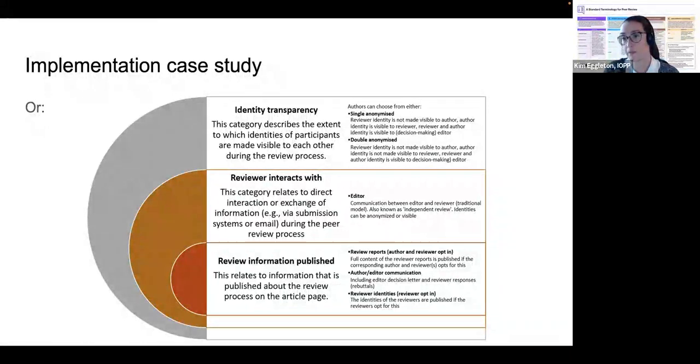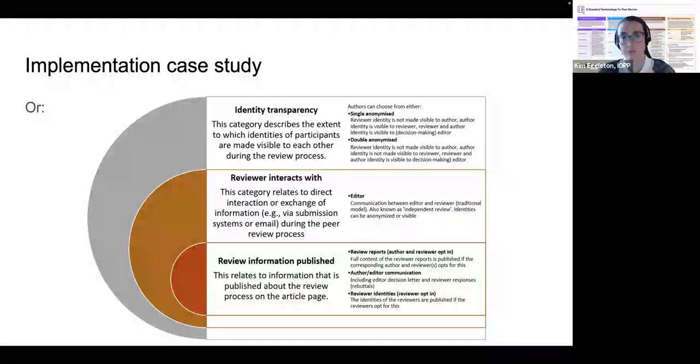That work's been done in the background for us to turn on as and when this group is ready to make those recommendations. The same with, I think, the number of reviewers that have seen the report. It is also something that we have ready in what we call the content model in the background, ready to be surfaced, but of course more work to do to implement the standard fully. So that's where we're up to at IOP.